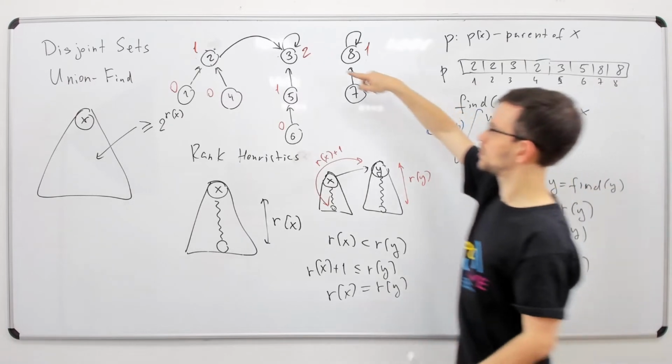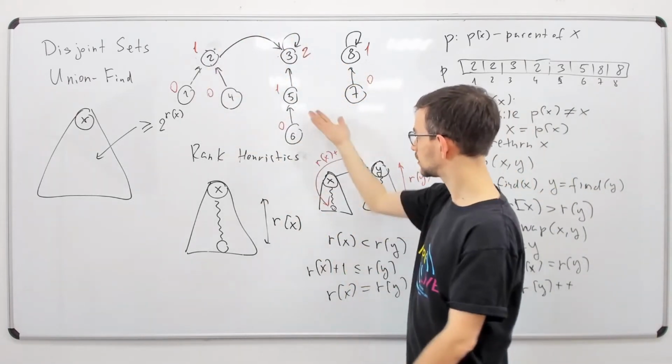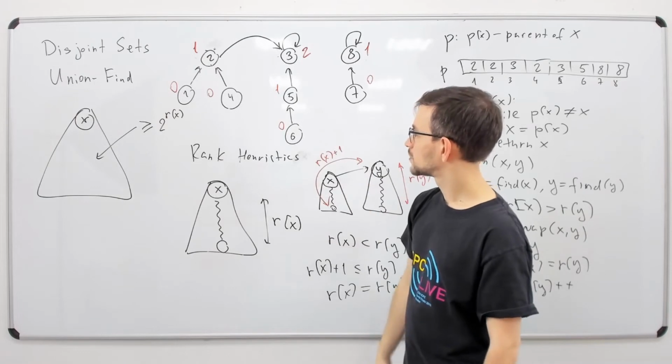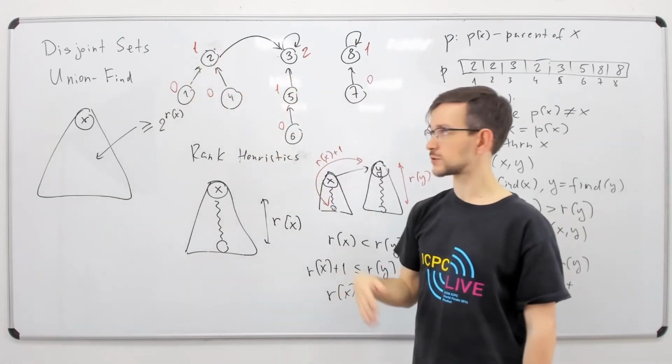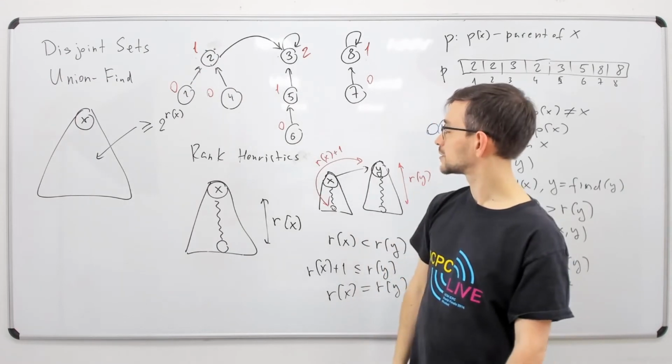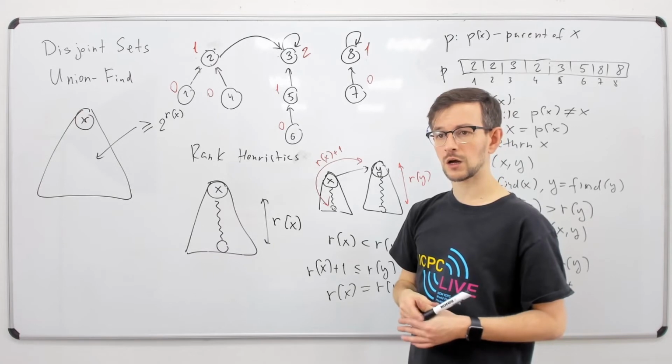Like here, you have an element of rank 2. It means that this tree contains at least 4 elements. For example, this one, this tree contains at least 2 elements, and so on.